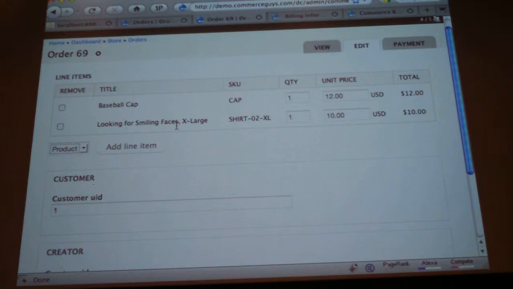We've already had maybe a dozen people besides myself contributing code. I know in this room, Das Peter just did a patch recently. Boyan Z also did several patches. And we already have our first major contributed module using Drupal Commerce. This is the Commerce Affiliate module that Boyan did as his Google Summer of Code project.